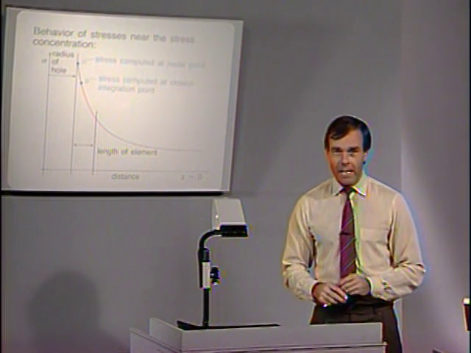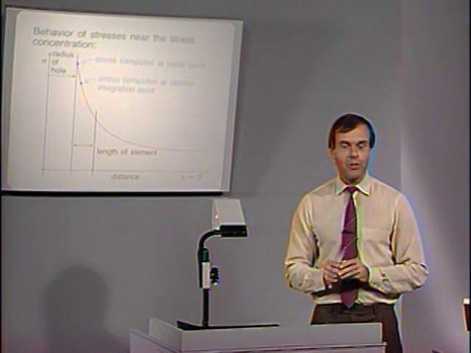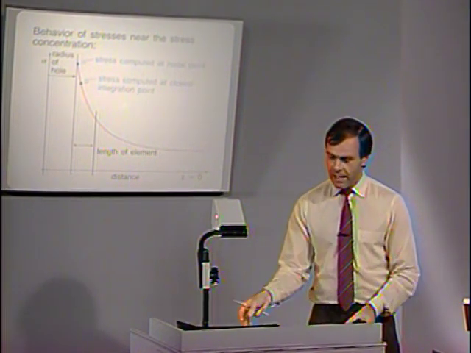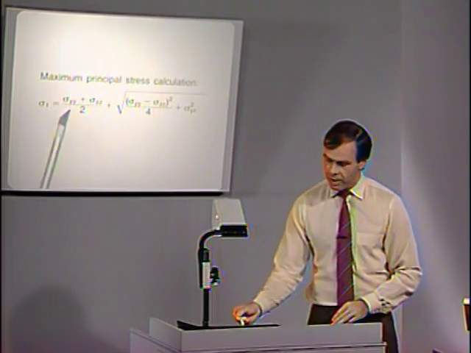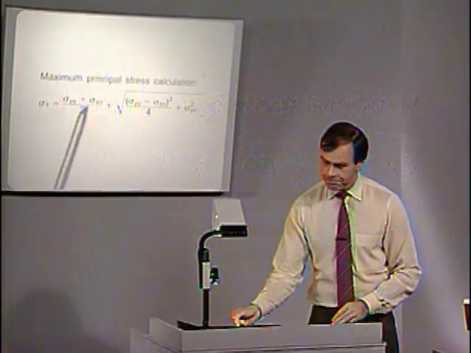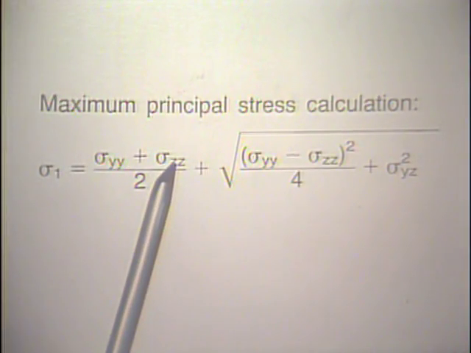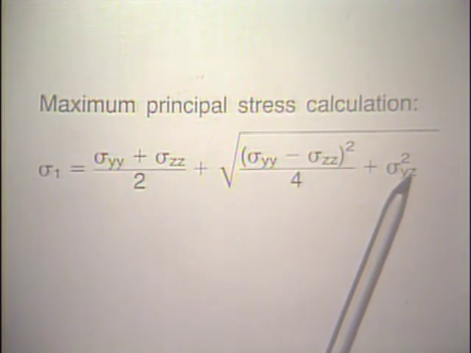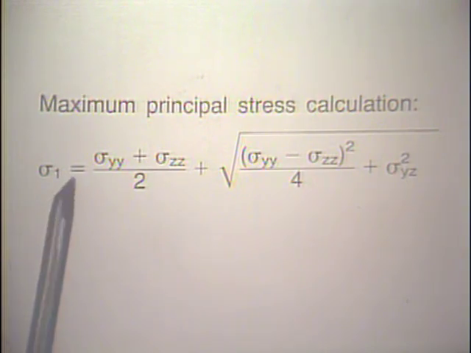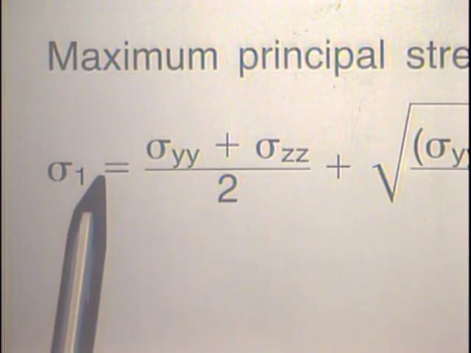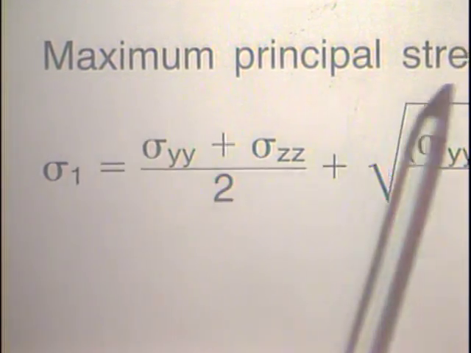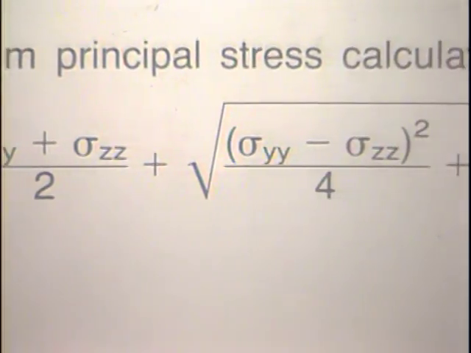Well, we can ask ADINA to calculate the stresses at the nodal points, and then we can ask ADINA-PLOT to enter with these nodal point stresses into this formula here. Sigma yy, sigma zz, and sigma yz are the stresses at the nodal points. ADINA-PLOT calculates this sigma 1, which is the maximum principal stress at that nodal point.